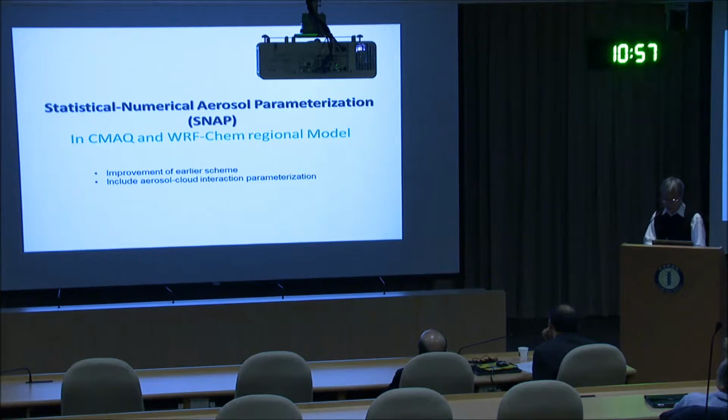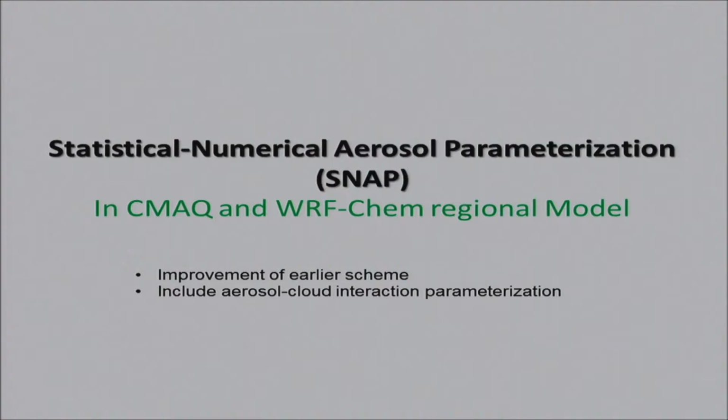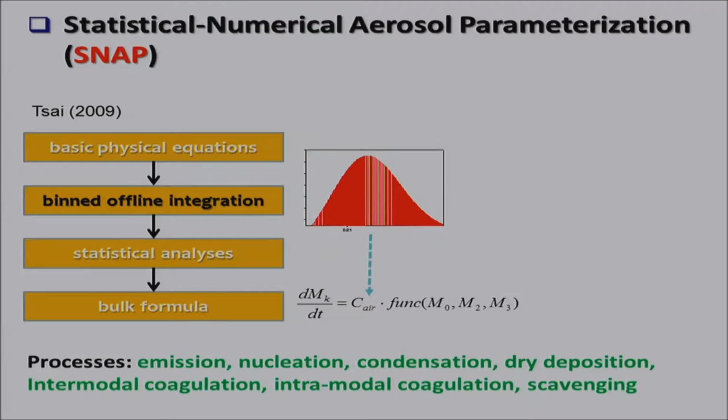And the next part is the aerosol scheme. We call it SNAP. For this aerosol scheme, we applied a non-conventional approach. We actually use a very fine bin model, not sectional, but very fine bins, hundreds of bins, to do offline calculation first, then convert results into parameterization formulas using statistical analysis.